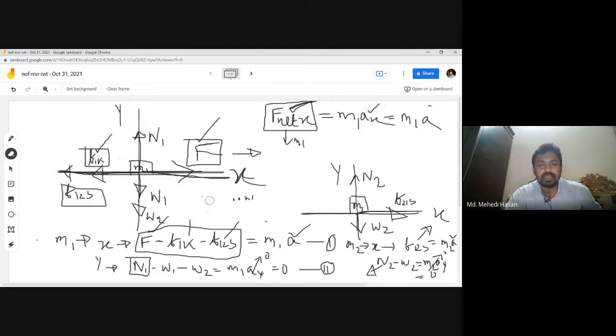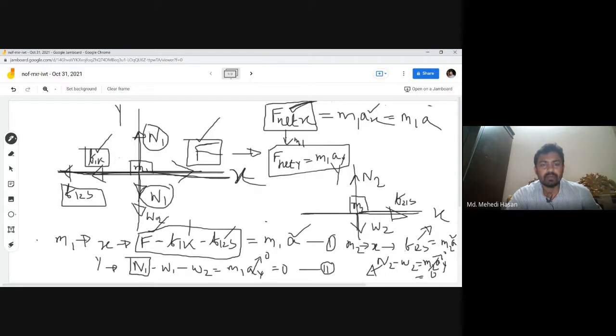Now similarly in case of y-axis, the net force along the y-axis is equal to M1ay, এটা হয়তো নিউটন সেকেন্ড ল অ্যালং দ্য ওয়াই অ্যাক্সিস। সো ওয়াই অ্যাক্সিস বরাবর ফোর্স কাজ করতেছে N1, এই ফোর্স পজিটিভের দিকে, নেগেটিভের দিকে W1, W2, দ্যাট মিন্স N1 minus W1 minus W2.